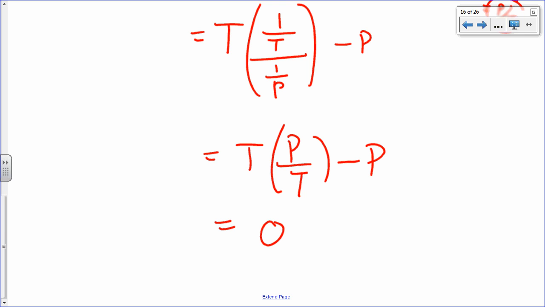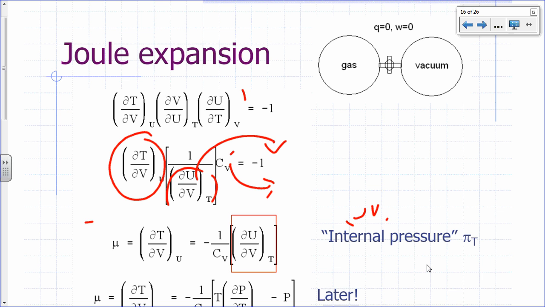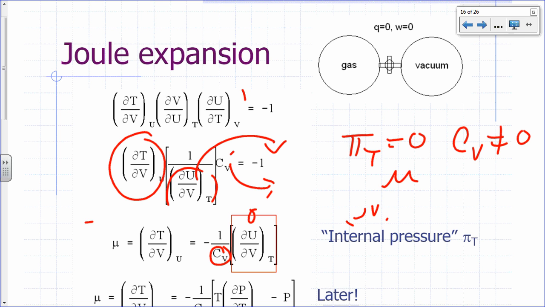That means pi sub T is 0, and CV is not 0, right? You know what CV is for an ideal gas. So what does that tell you about mu? This is 0, and this is non-zero, so mu must be 0. So the Joule coefficient for an ideal gas is 0.